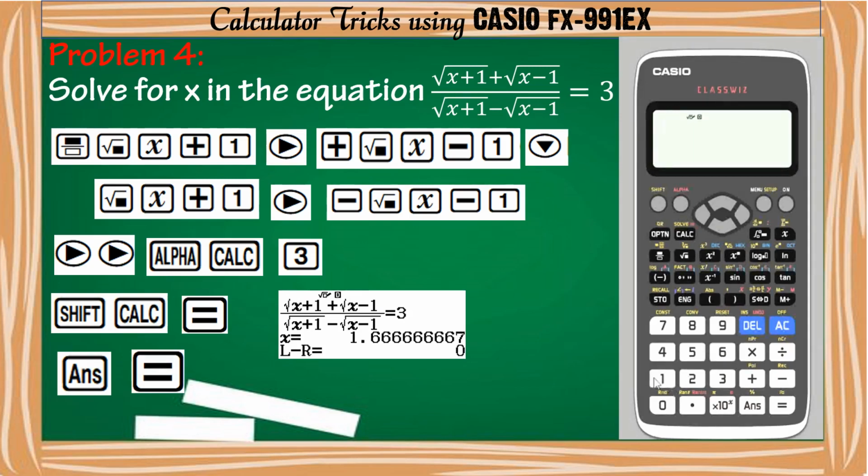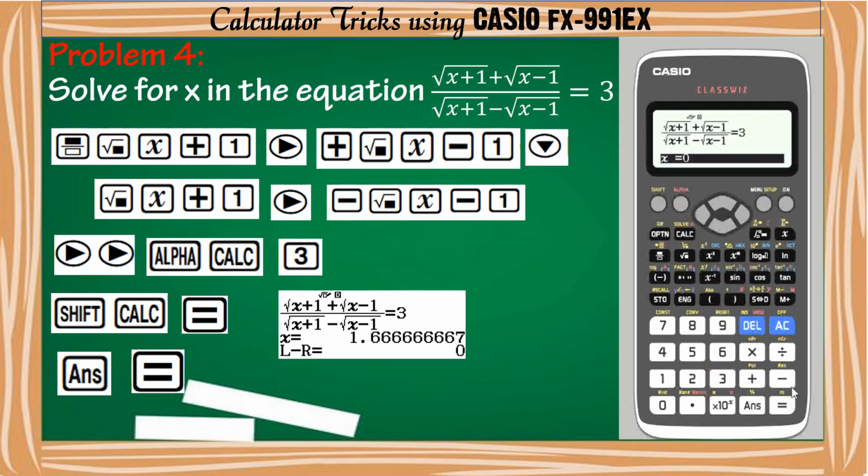Let's have fraction form, square root, x plus 1, right arrow key, plus square root, x minus 1, down key or double right button, square root, and then we have x plus 1, right arrow key again, minus the square root of x minus 1. And then, double right button para lumabas, alpha calc for equal, and then 3.